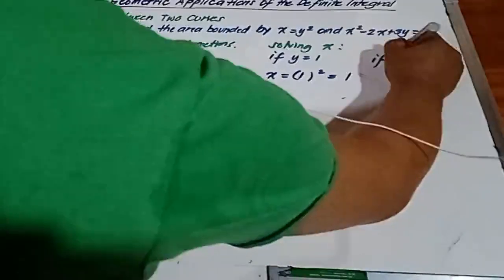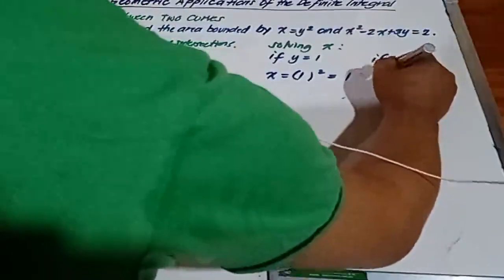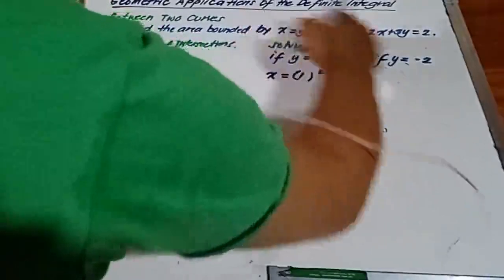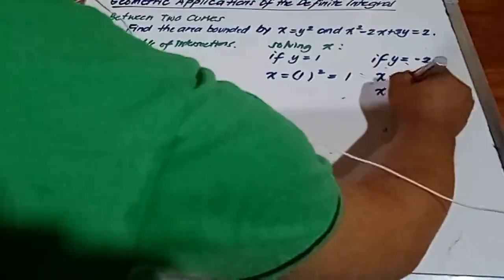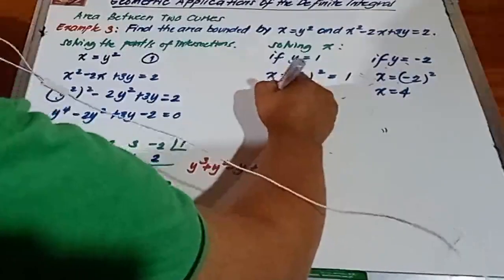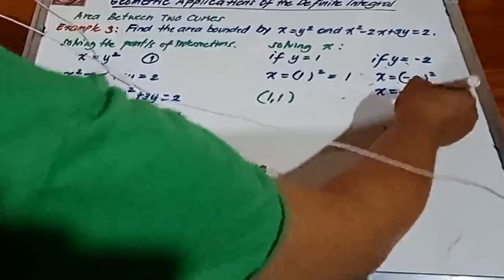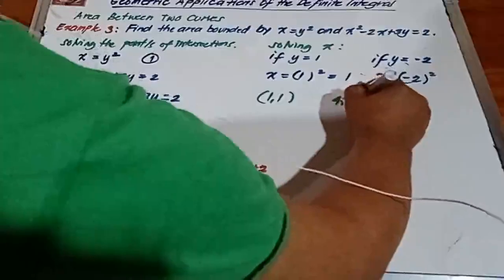If y equal to negative 2. So, we have x equals to negative 2 squared, x equals to 4. So, ang points of intersection natin, dalawa, 1, 1, and 4, negative 2. Okay?